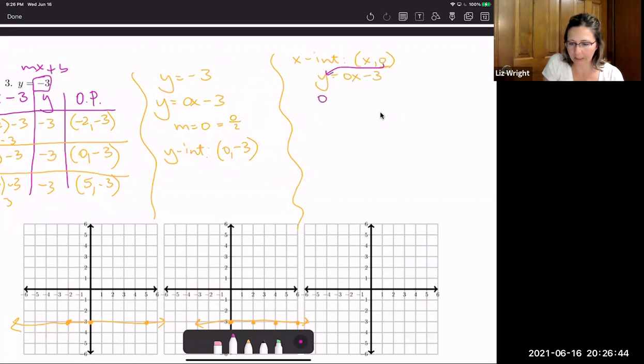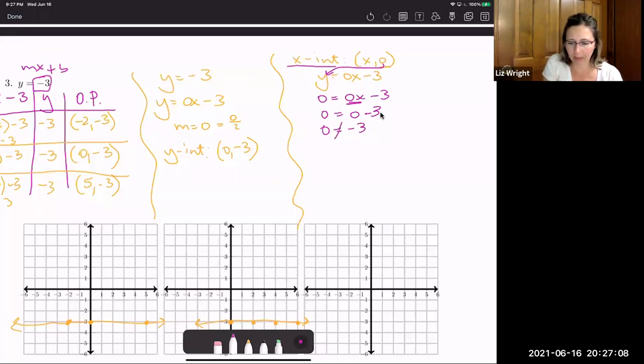So we're going to get 0 equals 0x minus 3. All right, 0 times x is going to equal 0. And then if we do 0 minus 3, that's going to give us -3. Well, what happens there? What does that mean? Does 0 ever equal -3? No. So 0 does not equal -3.